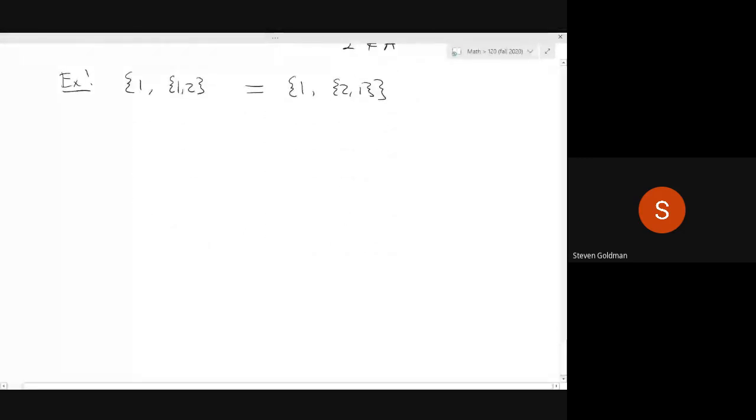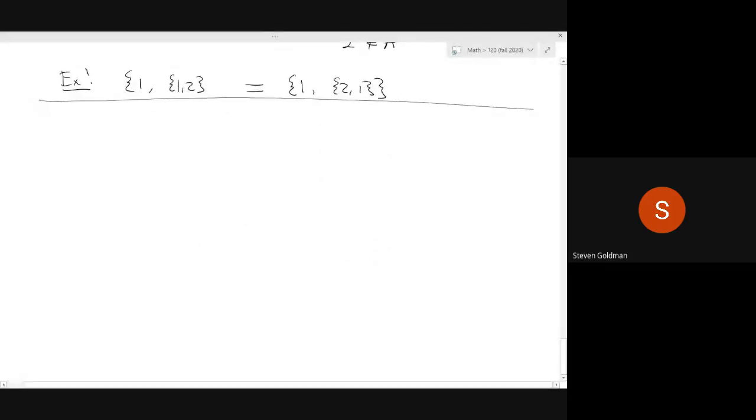All right. Let me give you a couple more definitions now. We start with the definition for the empty set. In set theory, we have something called the empty set. That's the set that has no elements inside of it.